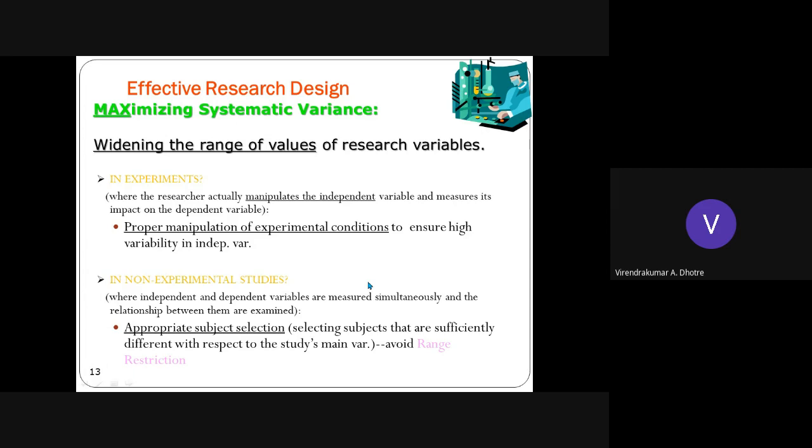So in non-experimental studies also we'll try to go for maximum range and select the proper subjects. There we will calculate the dependent and independent variables, measure those at the same time, and we can examine whether they are associated with each other. We can find out the relationship between them. So this is how non-experimental studies maximize the systematic variance.